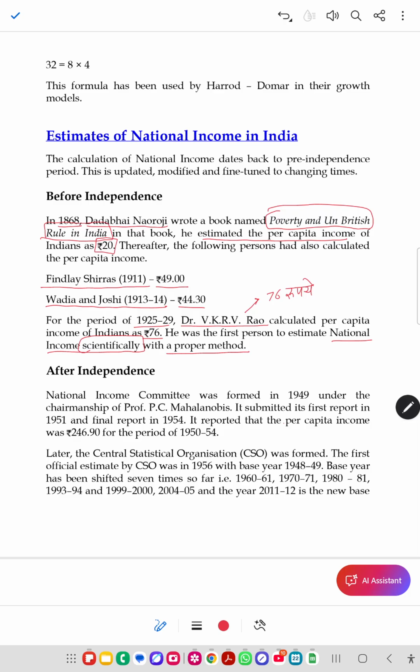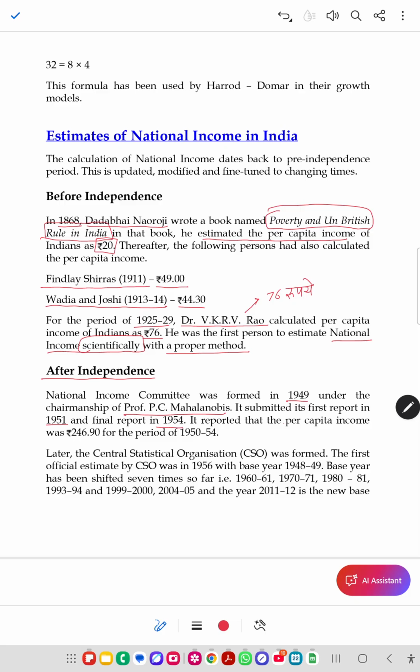The National Income Committee after independence was formed in 1949 under the chairmanship of Professor P.C. Mahalanobis. It submitted its interim report in 1951 and final report in 1954.